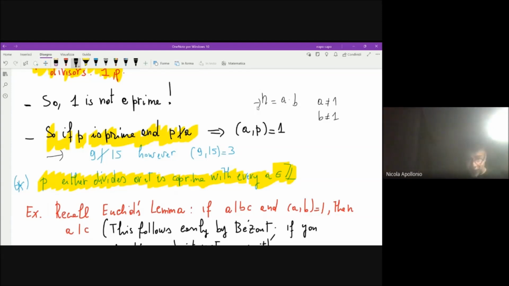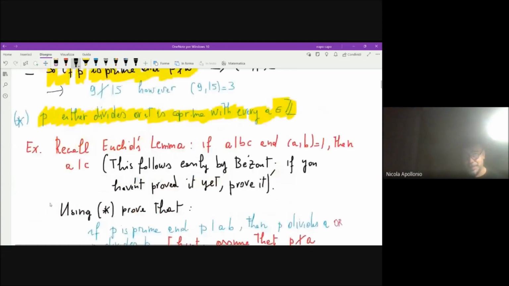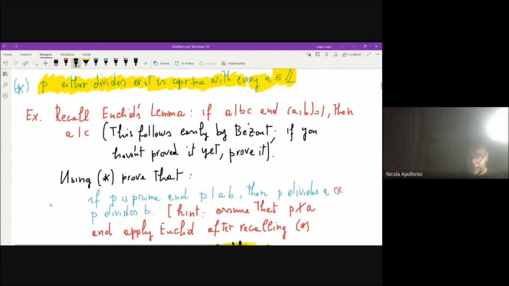So another easy fact about primes is, maybe you recall, you should, Euclid's lemma.